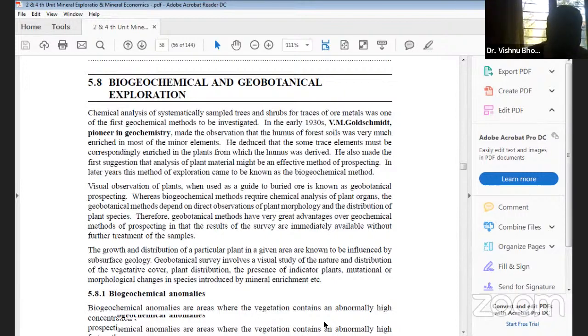So he made the first suggestion that analysis of plant material plays a very important role and might be an effective method for prospecting. In later years, this exploration method came to be known as the biogeochemical method.